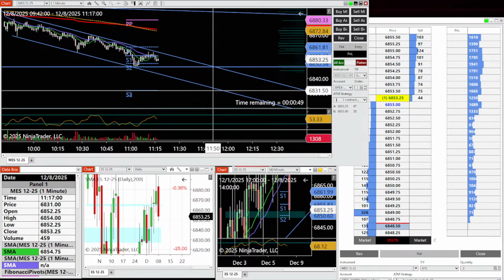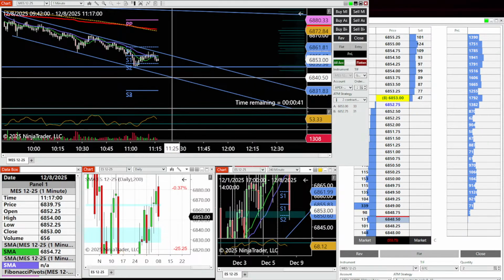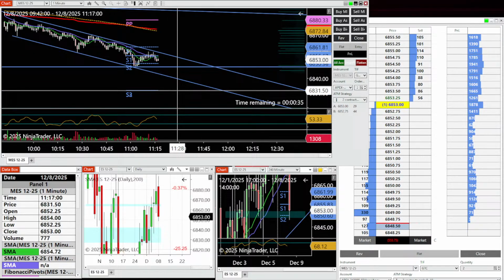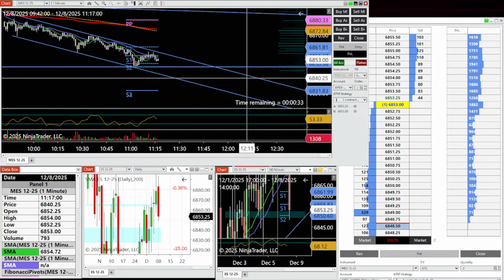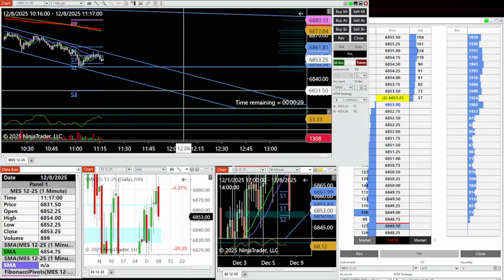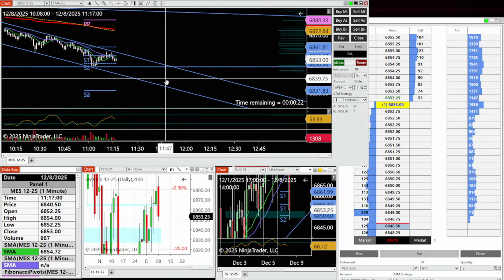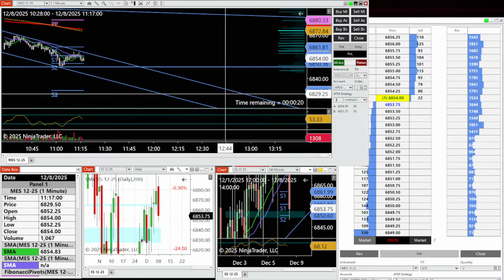So if we're going to get any lower to the S3, we've got to go sideways in here, because we're going to hit the support level on this down channel. If we're going to get here, we've got to go around and maybe get in around 12 o'clock, 12:30, or later.